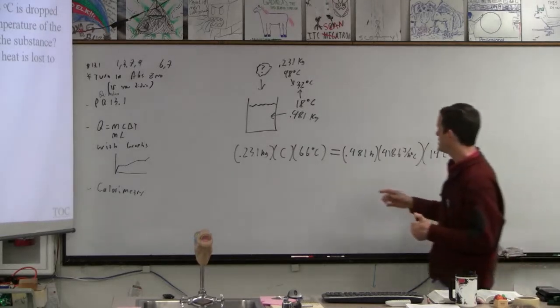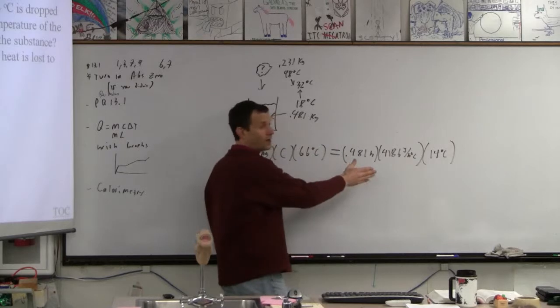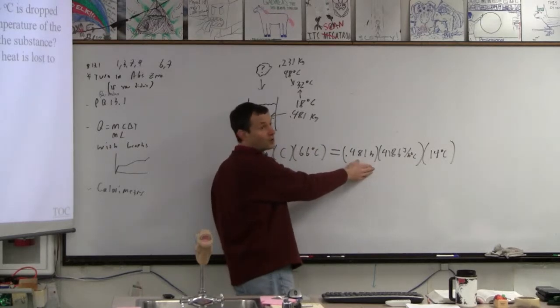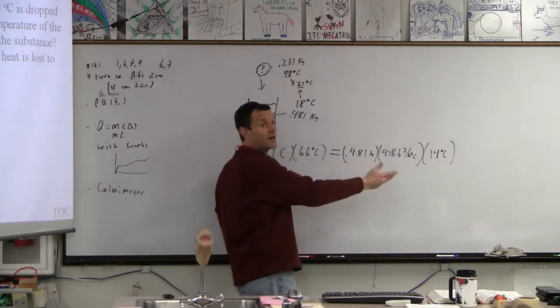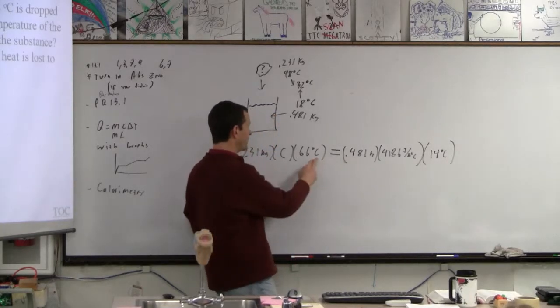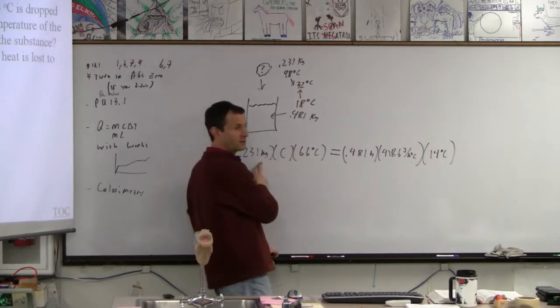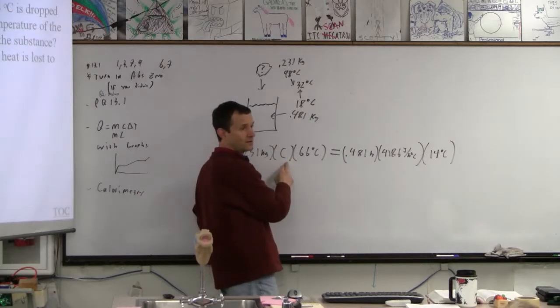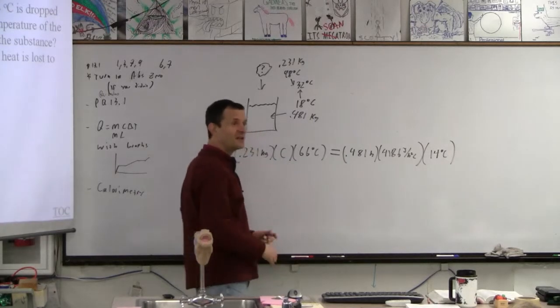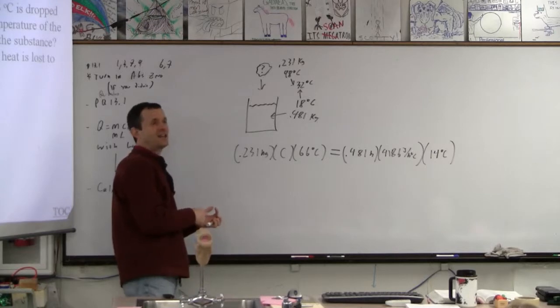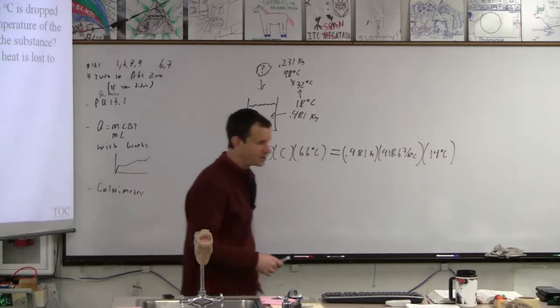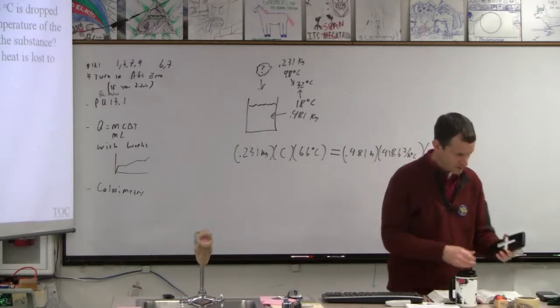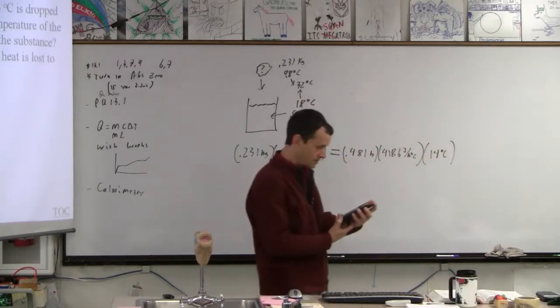Now notice that everything on the right side evaluates to what units? The right side is all joules, isn't it? Eventually it becomes only joules. Then you're going to go joules divided by degrees Celsius divided by kilograms, so C will have the units of joules per kilogram degrees Celsius. So take your calculator and calculate that.